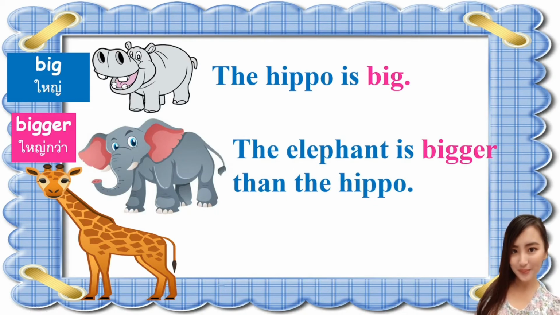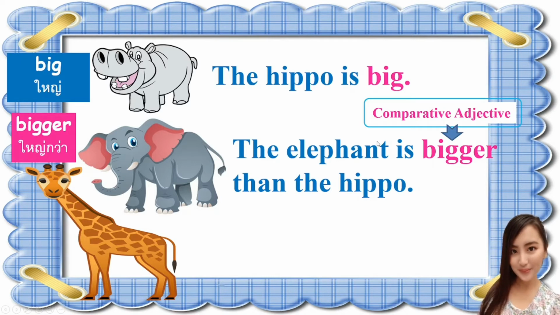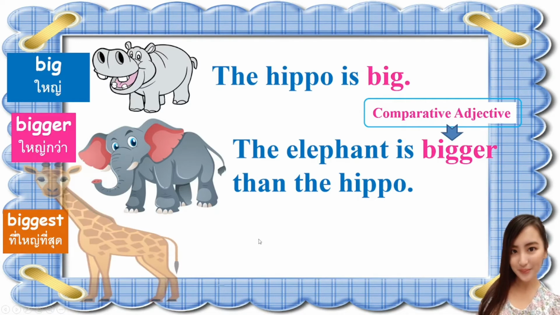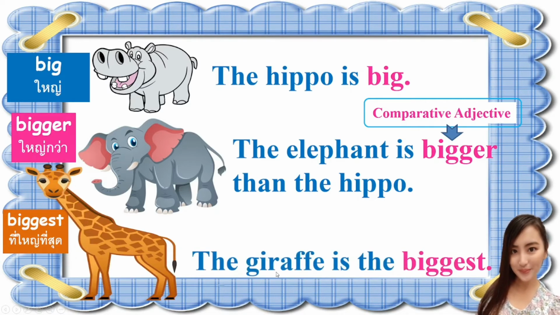The elephant is bigger than the hippo. So bigger is the comparative adjective used to compare elephant and hippo. 1, 2. The last one is biggest. The giraffe is the biggest.